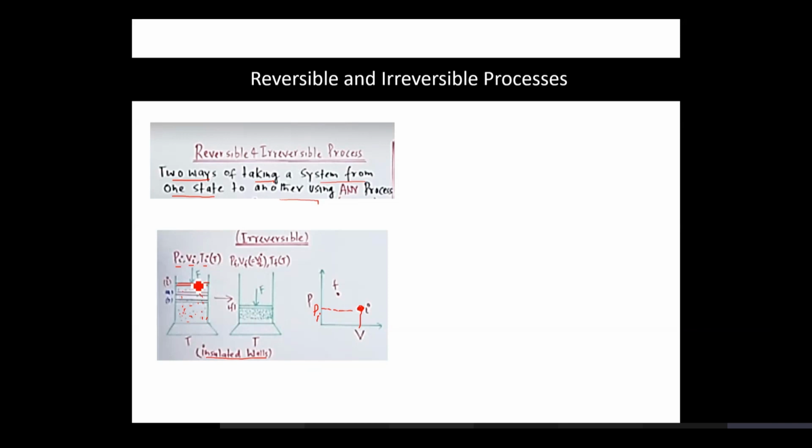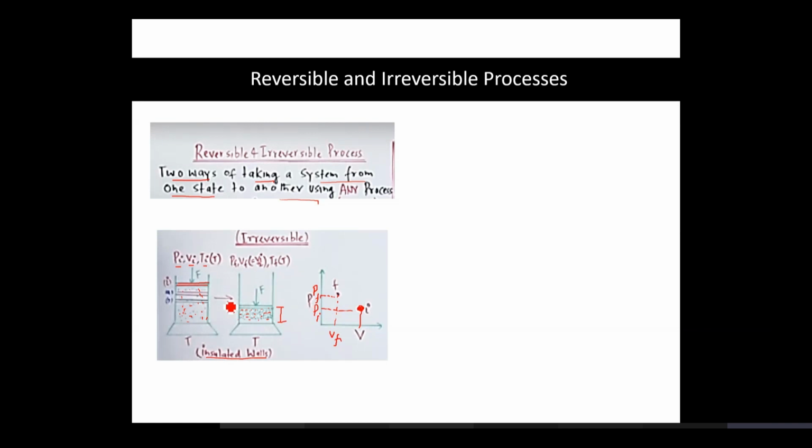Now, I apply force onto this piston and compress the gas within this system to a final position, which is represented by F. And I did it in a fast manner, such that I have achieved a new state, the final state. I know at this final state my volume is this much. So I have a specific volume VF for the final stage, and correspondingly I'll have a pressure at the final stage.